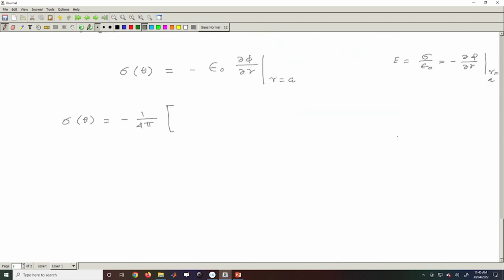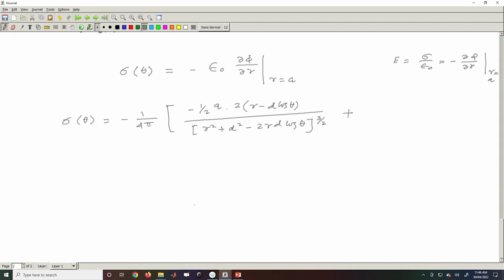So, if I do, I will get minus half, and then q was there, and then I have 2 of r minus d cos theta divided by whatever the term we had there, r square plus d square minus 2 r d cos theta whole to the power 3 by 2. That is my first term.